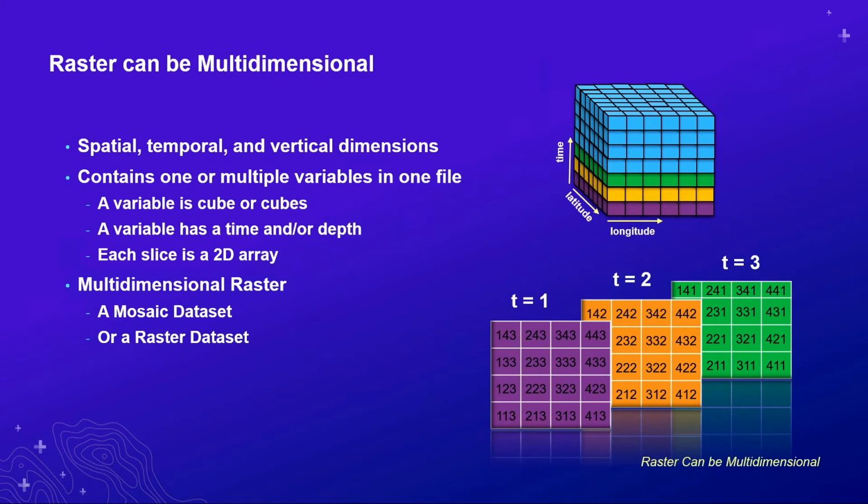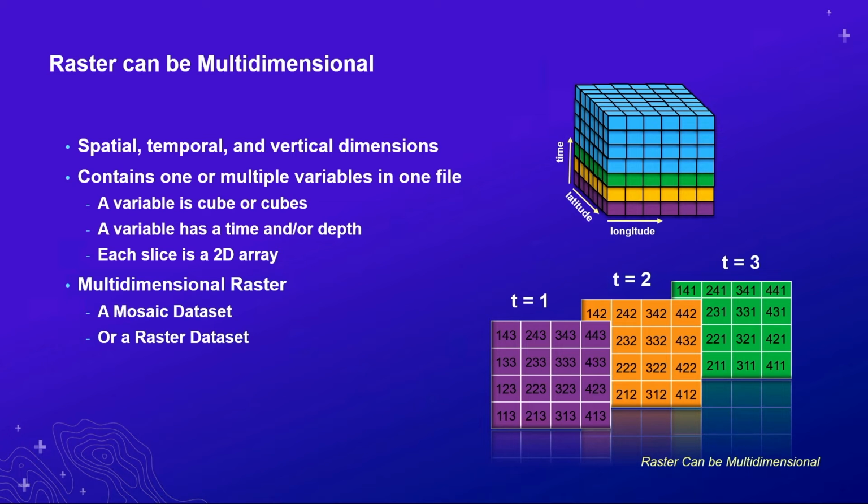The other important enhancement we want to emphasize today is that raster can also be multidimensional. In Pro 2.5, we introduced the multidimensional raster, a dataset that has spatial, temporal, and vertical dimensions. A multidimensional raster can contain one or multiple variables in one file.